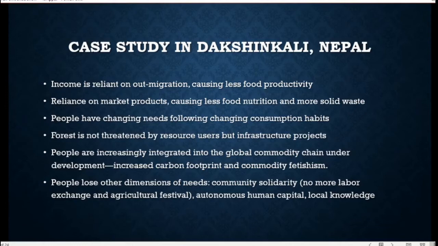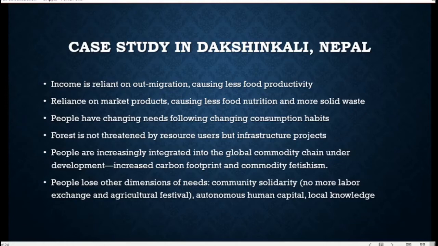And because of the labor shortages, anything you want to achieve in the rural areas now requires you to hire other people, hire contractors, for building houses, farming, etc. And also in the past, there were a lot of agricultural festivals. Actually, most of the festivals were designed around the agricultural calendar. But now, because the agricultural activities are not there anymore, the festivals can be celebrated only to a very limited extent.